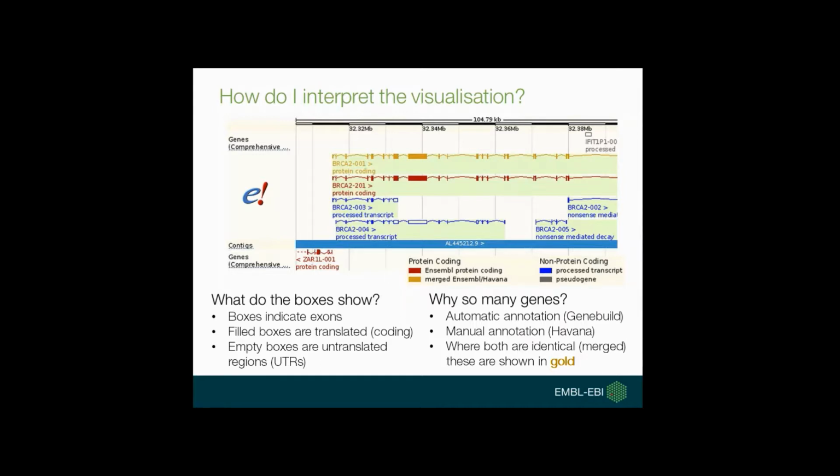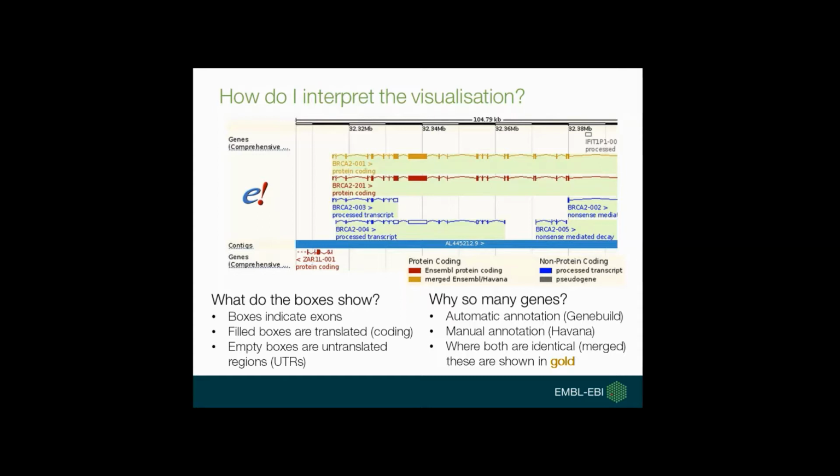So when both of these automatic and manual annotation are identical, then we colour them in gold, and these are merged. So these are specific to us and would differ from, say, UCSC and NCBI very slightly. But what you'll find actually, certainly for the majority of genomes, is that we get extremely similar results.